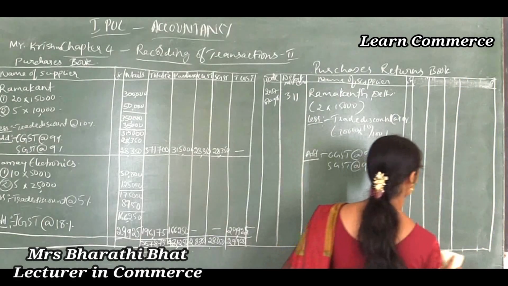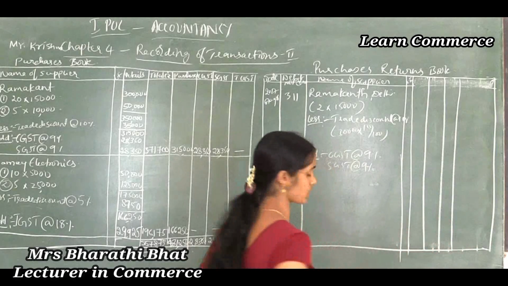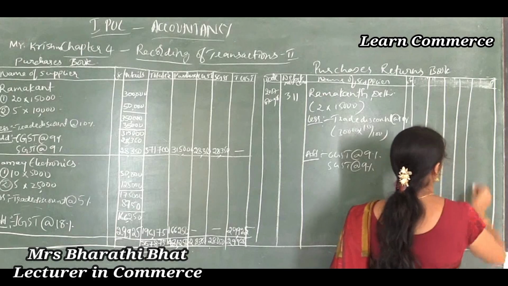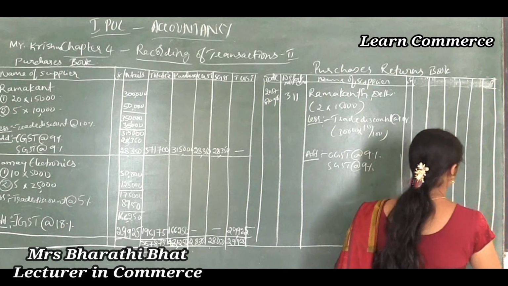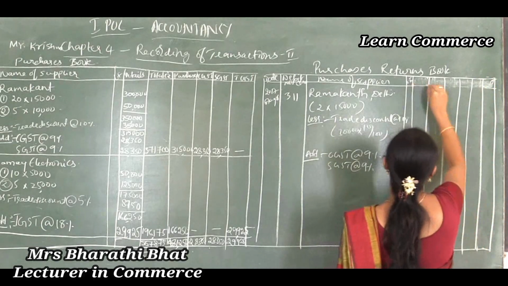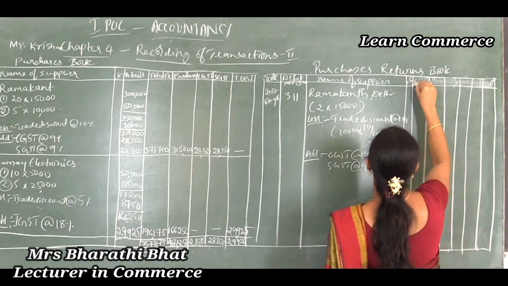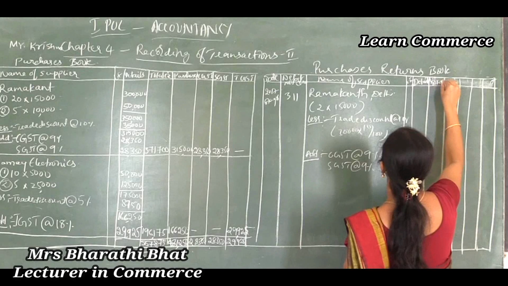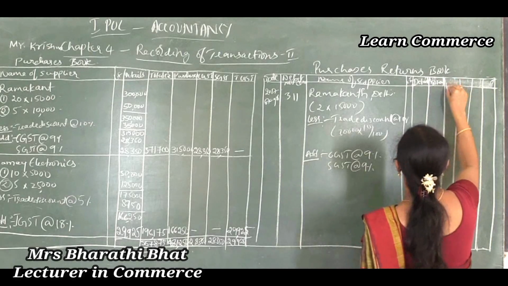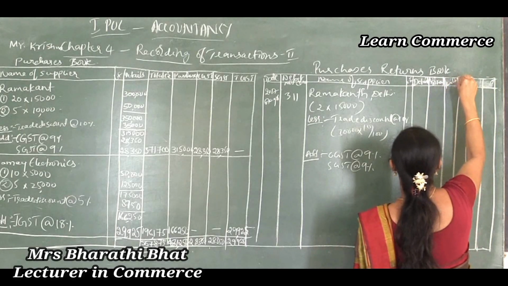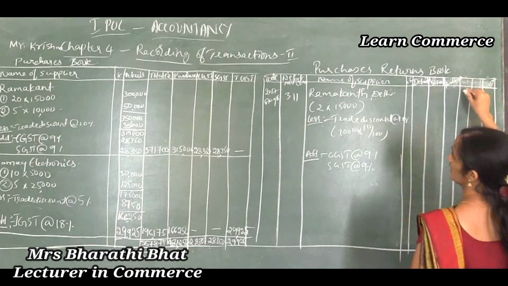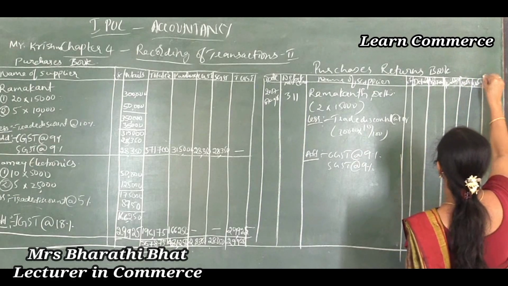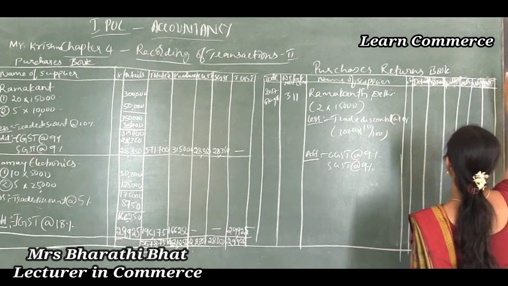Please don't be confused. See the previous columns for better understanding. 3 columns to calculate GST. Yes, here details, correct, right? Details, and the next one to write total value, and next one to write purchases, and the next column for CGST, SGST and IGST. This is the right one.